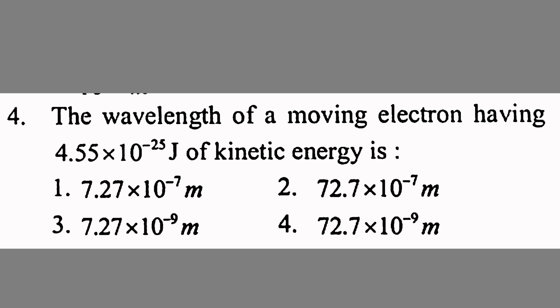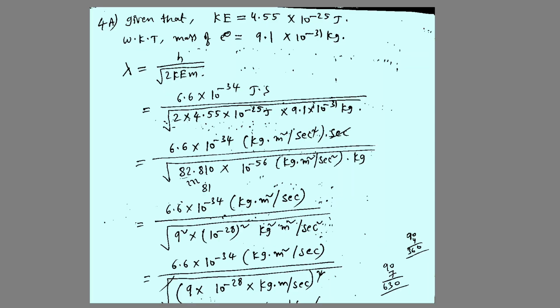Next problem: the wavelength of a moving electron having 4.55 into 10 to the power of minus 25 joules of kinetic energy is. Now let me do the answer. Given that kinetic energy KE is equal to 4.55 into 10 to the power of minus 25 joules, we know that the mass of the electron is equal to 9.1 into 10 to the power of minus 31 kg. We know the formula lambda is equal to h by root over 2 KE m according to De-Broglie's wave theory.